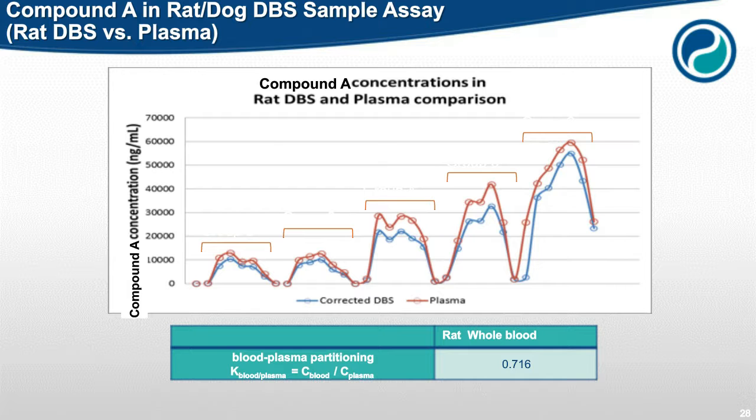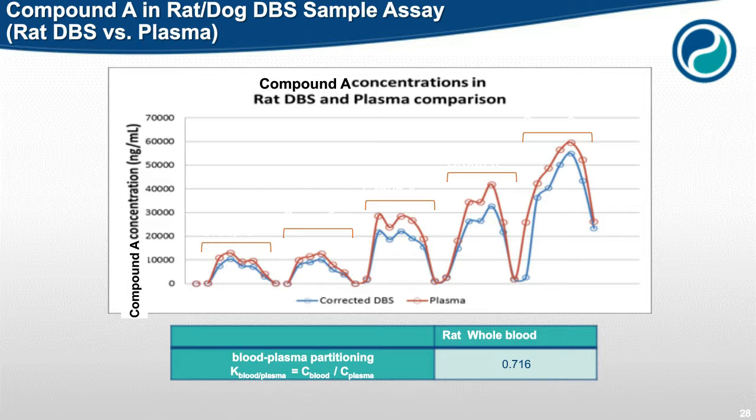After correction, the two curves are a lot closer. On average, the difference is close to 10%. As we know, the bioanalytical method has a plus-minus 15% acceptance criteria. So I would say that we successfully recreated the PK profiles from the plasma using a DBS bioanalytical assay.